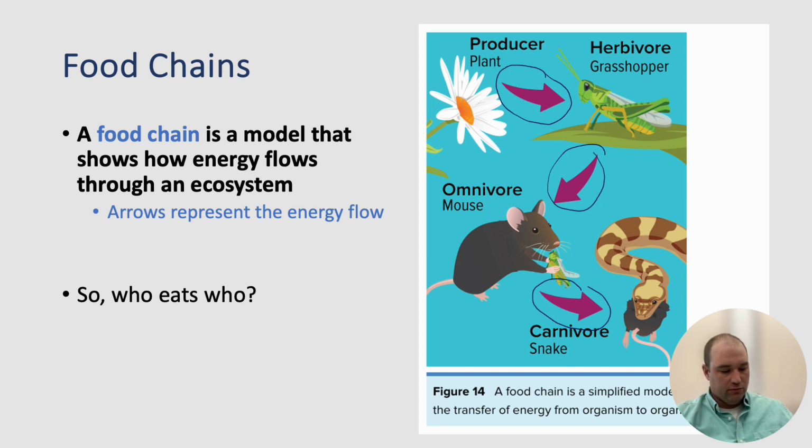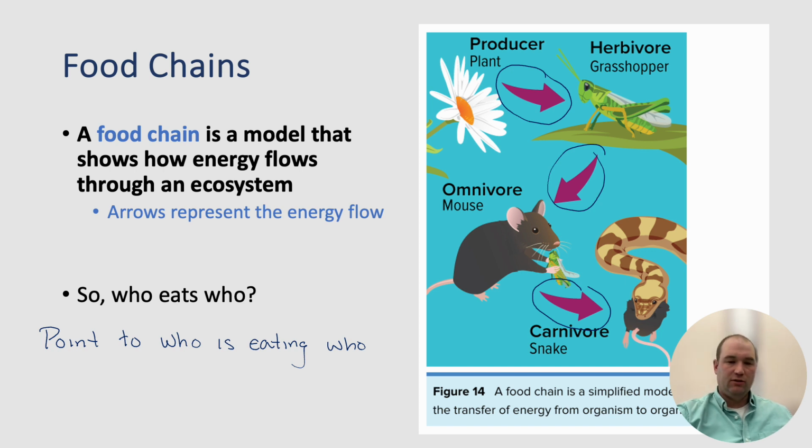So the arrows always point to who is eating who, okay? So for example, the grasshopper is eating the plant. The arrow is pointing to who is doing the eating. And again, notice a food chain is a systematic step-by-step from trophic level to trophic level.